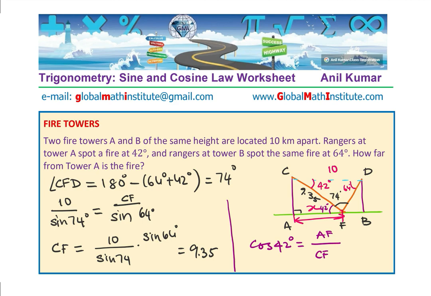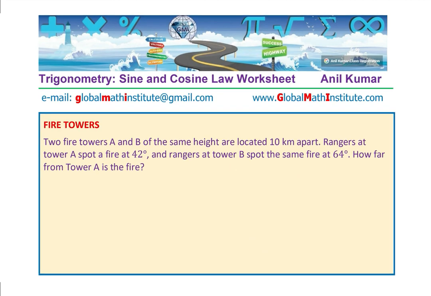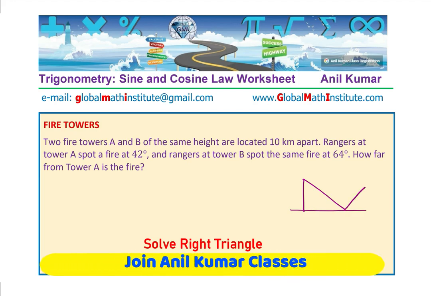So let's calculate this. So in our diagram, once again, I'm going to draw it. So we found that this side was 9.35. The angle here was 42. And the side which we are interested in finding is this x, correct? Right? That's the right angle triangle.